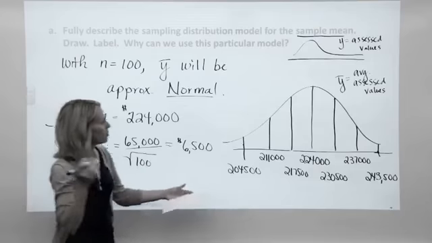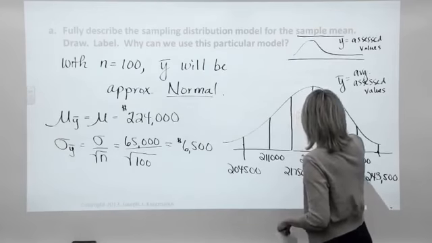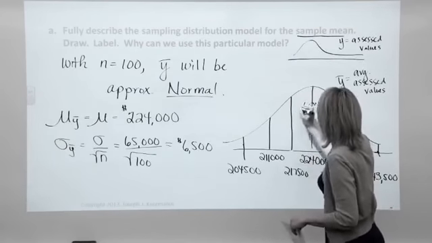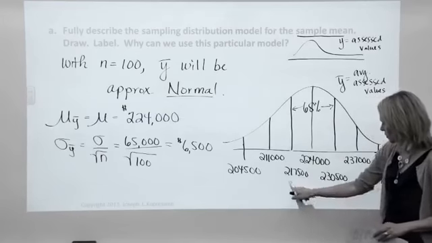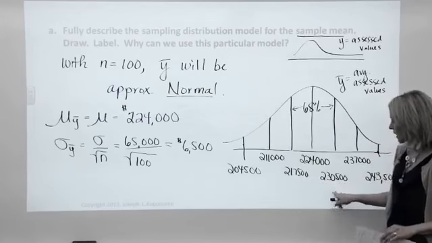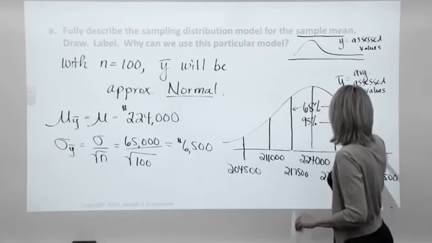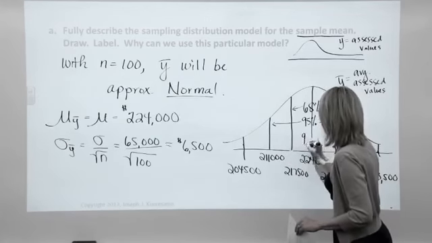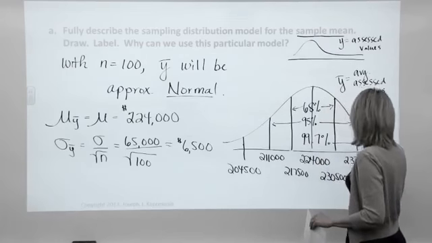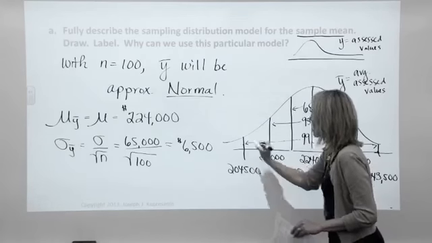We drew the model, label. We could even put those percentages in here that 68% of the time when we look at groups of 100 homes, we would expect their average assessed value to fall within this range. 95% of the time within 2 standard deviations, and 99.7% within 3.